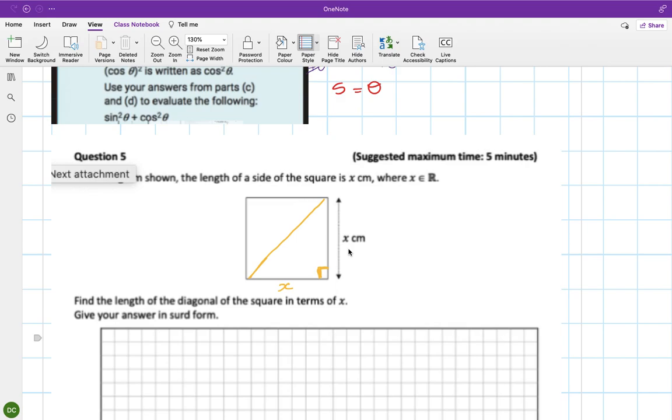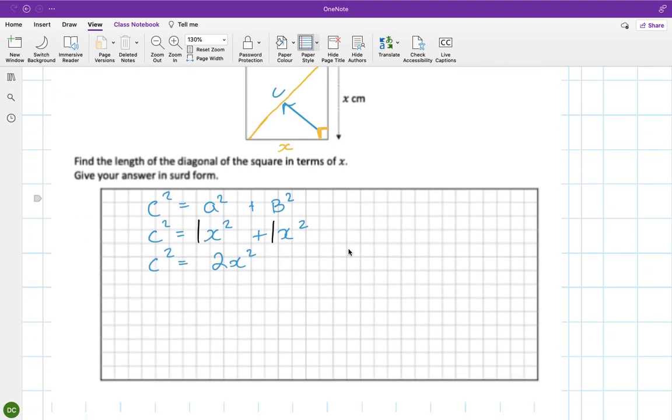So c squared equals a squared plus b squared, and remember that c is the side opposite the right angle. So c squared equals x squared plus x squared, so c squared equals 2x squared.